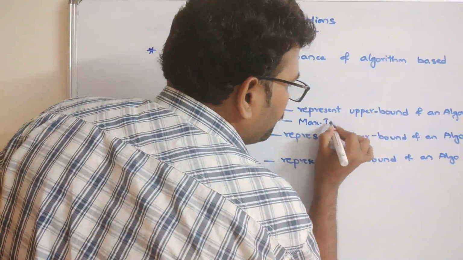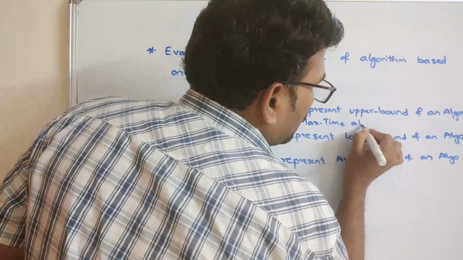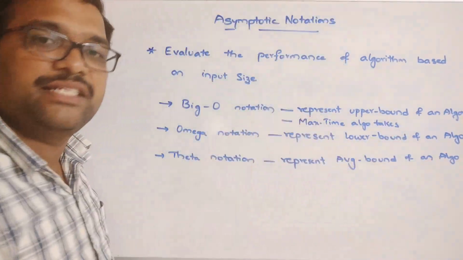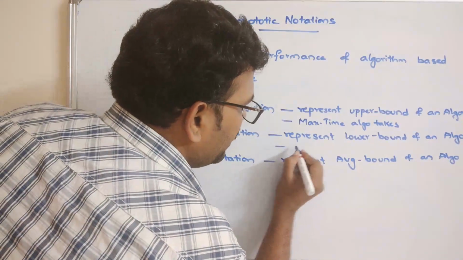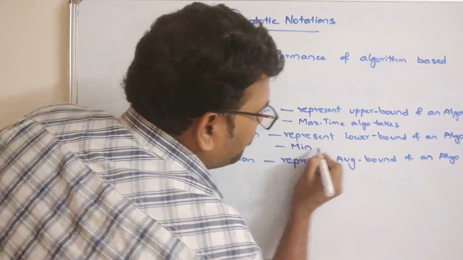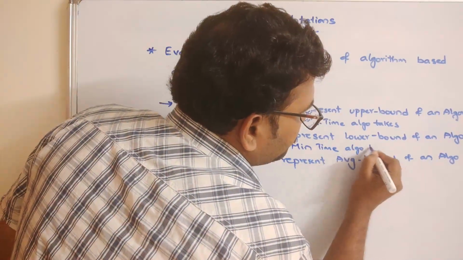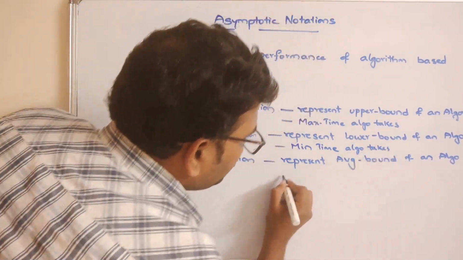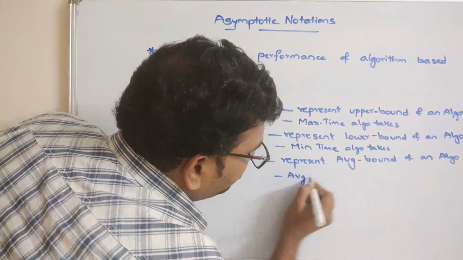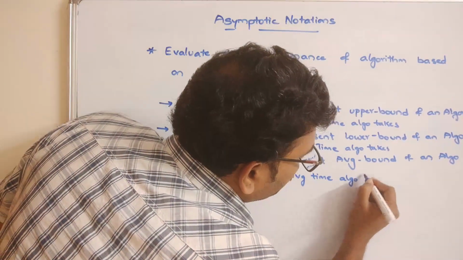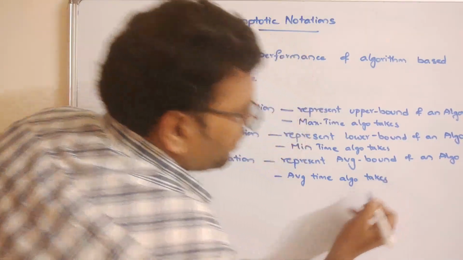So this we can call the maximum time an algorithm takes to complete its execution, here we can say the minimum time an algorithm takes, and this is the average time an algorithm takes.